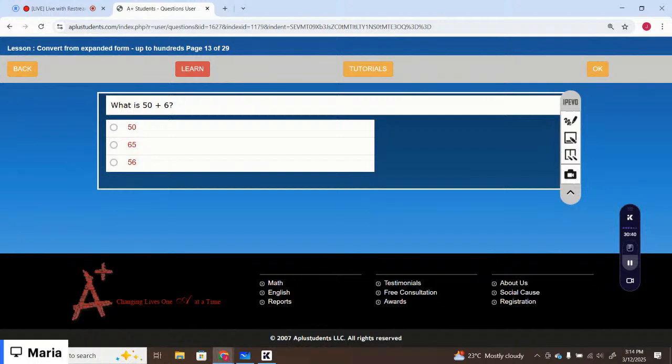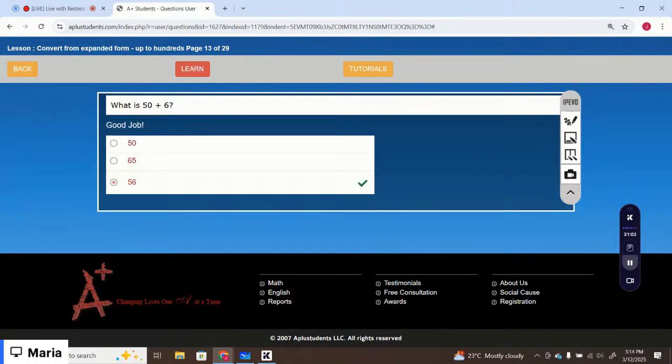What is 50 plus 6? That is 56. Option number 3 is the correct option.